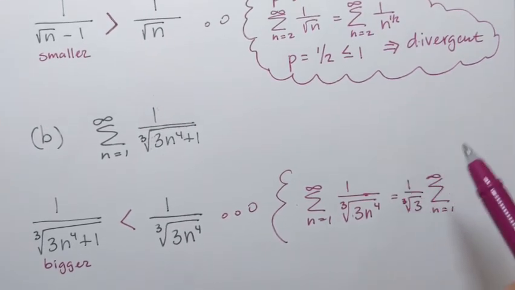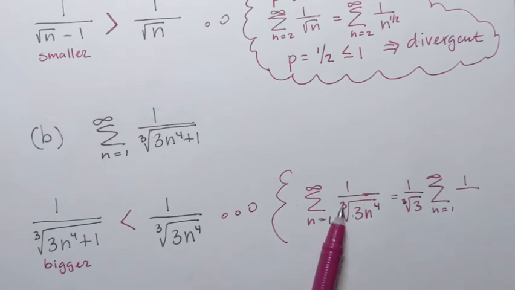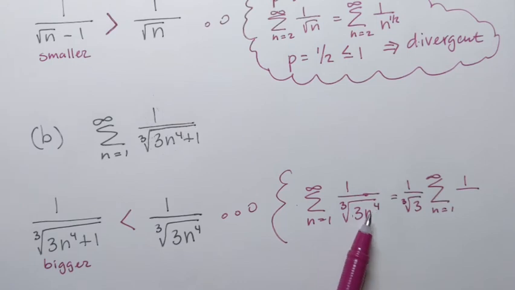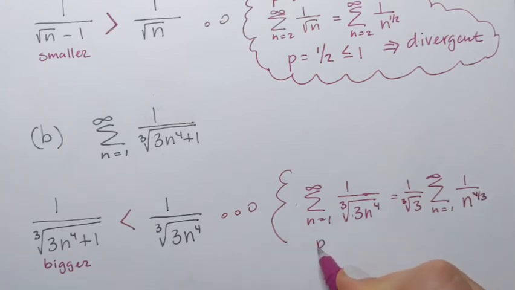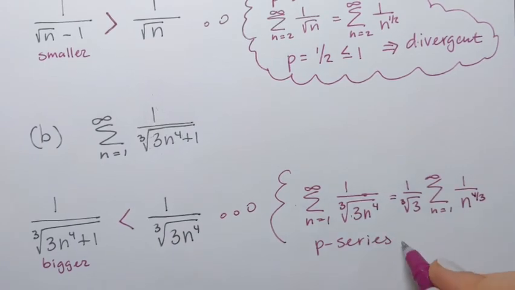And then I'll have 1 over cube root of n to the 4th power. Now it looks like a p-series, right? It's n raised to a certain power. What is that power? It looks like the power is 4/3. So that's a p-series, and for that I'll know whether it's convergent or divergent.